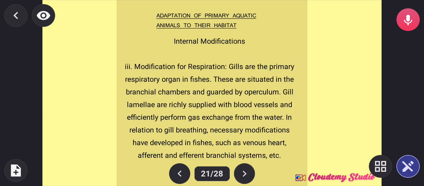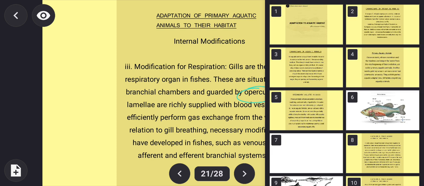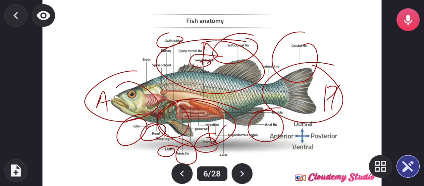Now, modification for respiration. What they use for respiration is the gills. In cartilaginous fishes, they don't have operculum. You understand? Cartilaginous fishes do not have operculum. They have gill slits. But in bony fishes, the gill is covered with operculum. Now look at it. This is the gill. Can you see the gill here? The gill is covered with a structure called the operculum in bony fishes.